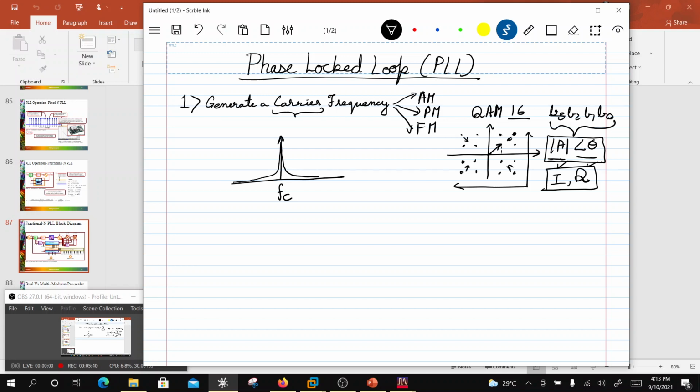So what does this do? This introduces additional components adjacent to your frequency of interest, and the idea is if I can minimize this, then I would have better performance. And when I talk of performance, I mean better bit error rate or something like that.